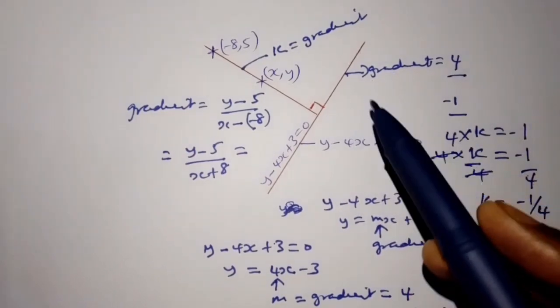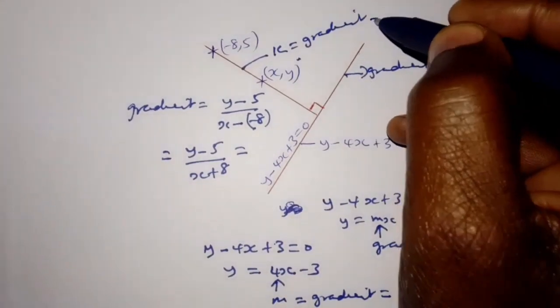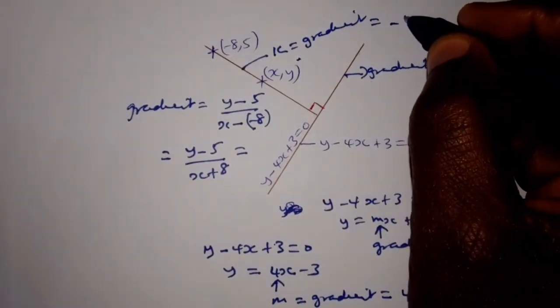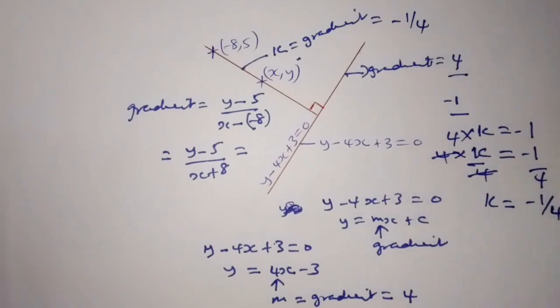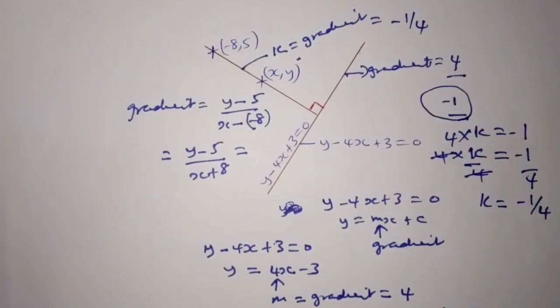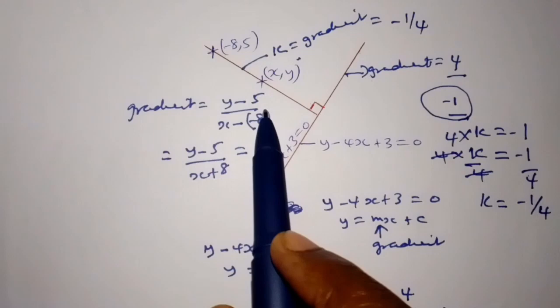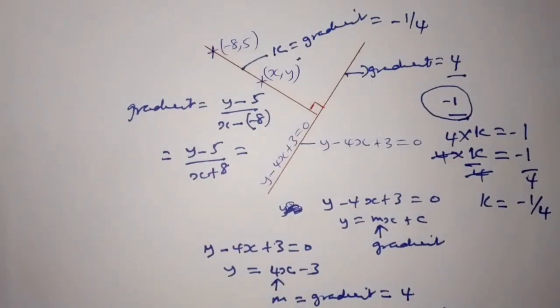So the gradient of this other line is supposed to be -1 over 4. Because when we multiply -1 over 4 times 4, we get -1. That is the product between the gradients of these two perpendicular lines.